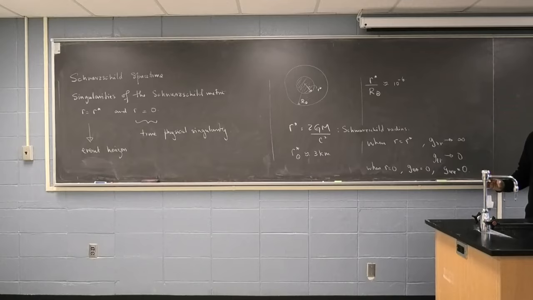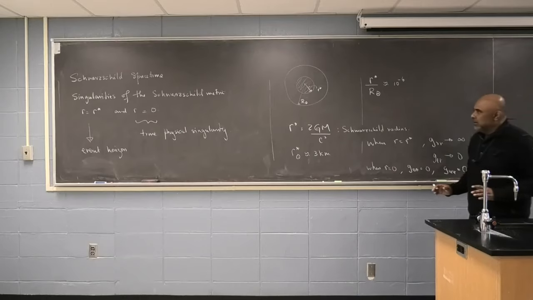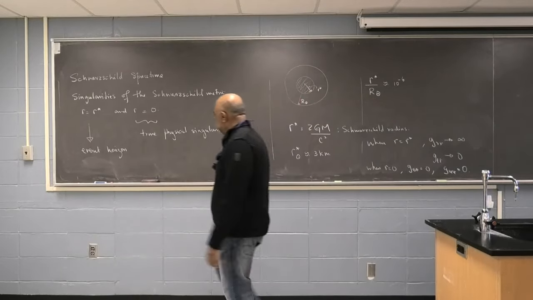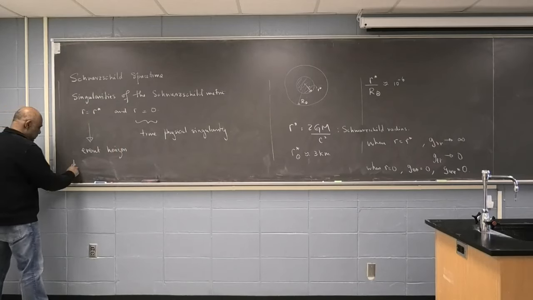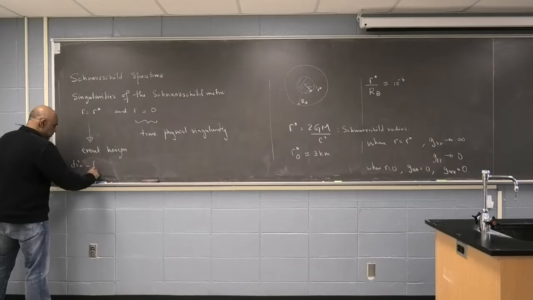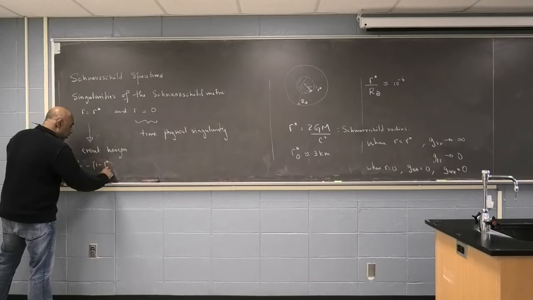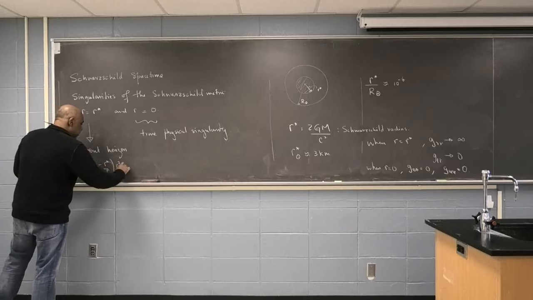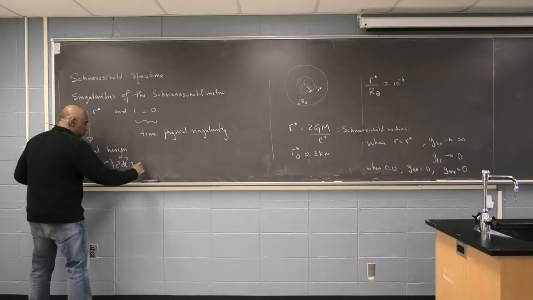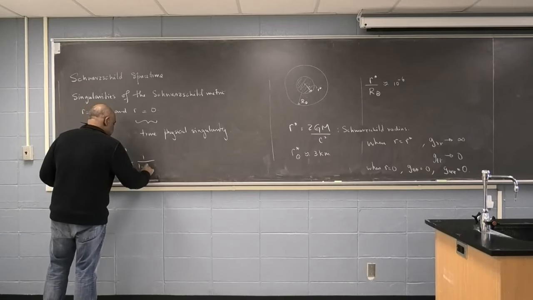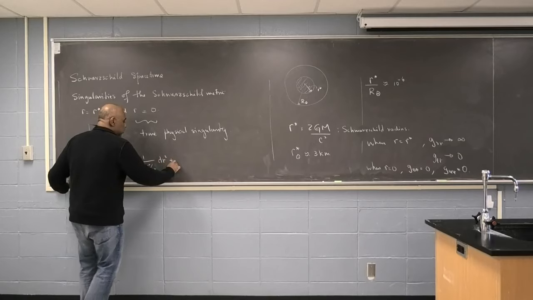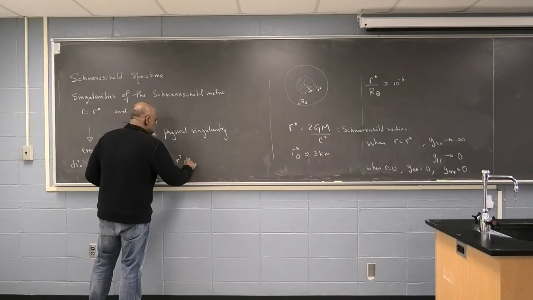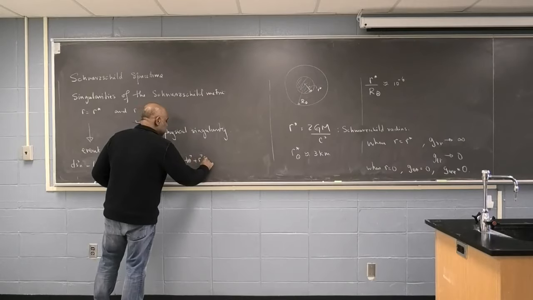What we want to do is, one more time, I'm just going to write this over here. 1 minus R star over R, C squared dt squared, plus 1 over 1 minus R star over R, dR squared, plus R squared d theta squared, plus R squared sine squared theta d phi squared.